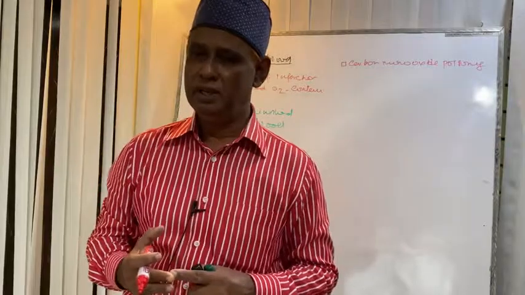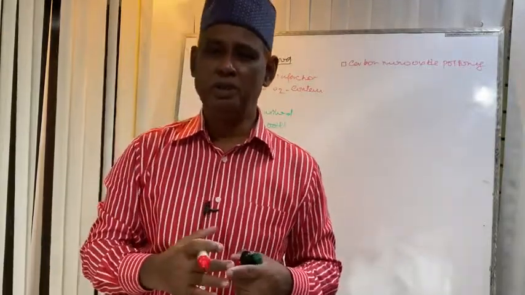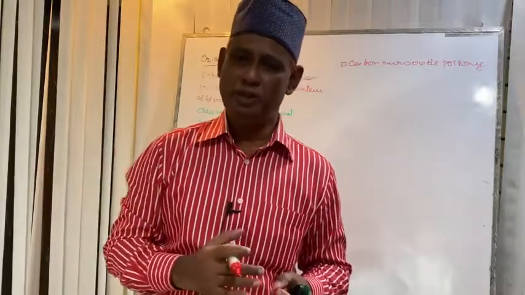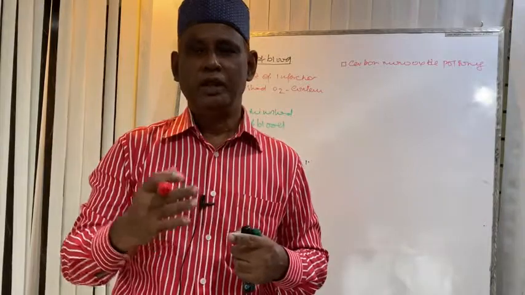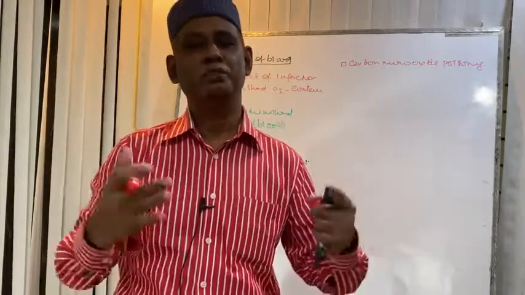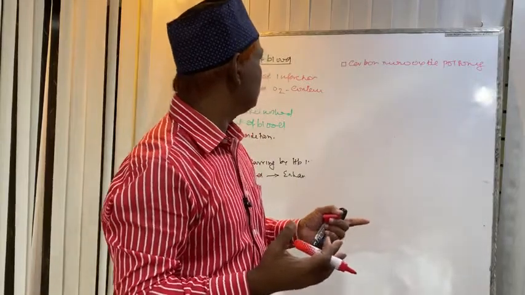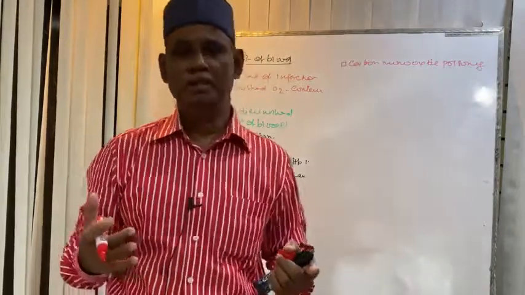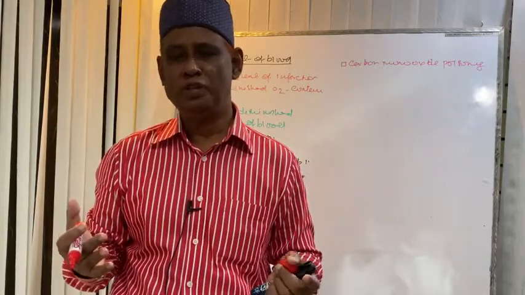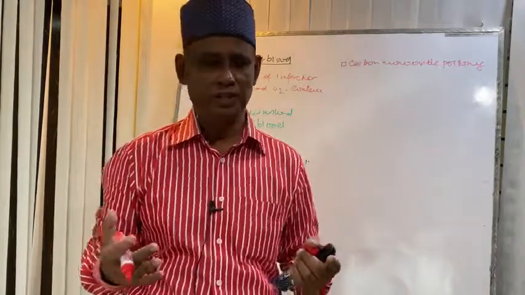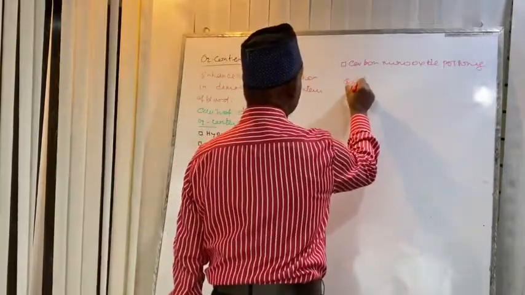Then carbon monoxide poisoning. Why in carbon monoxide poisoning is there diminished oxygen in the tissue? Dear audience, we know hemoglobin binds with oxygen and forms oxyhemoglobin.